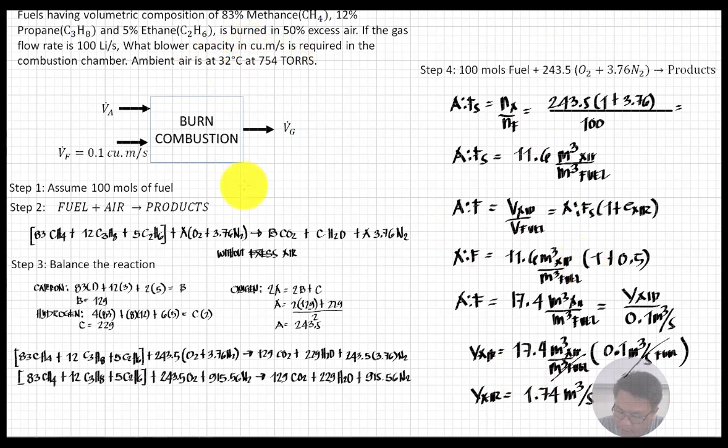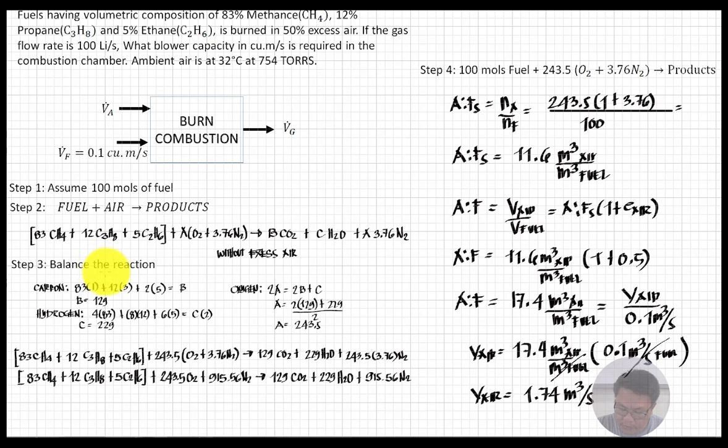Okay, take note. Let's have a quick recap on the steps. Step 1, we're going to assume 100 moles of fuel. Step 2, we write the fuel plus air, or the combustion formula, then you have your products. This is the stoichiometric combustion formula without excess air.